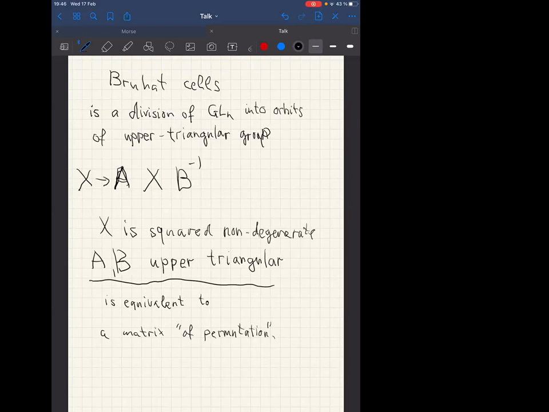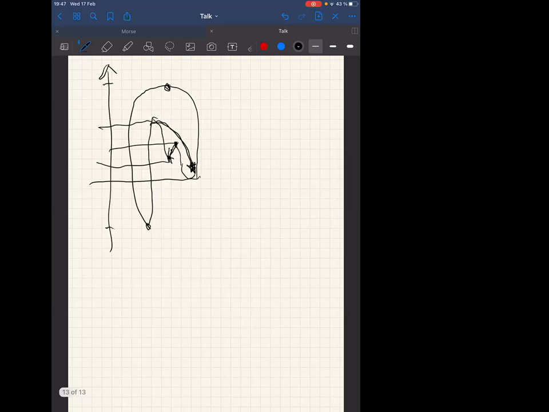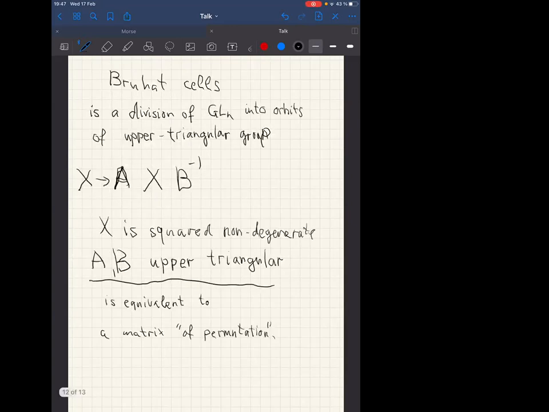And our construction of rook type matrices is a fibration of Bruhat cells and a generalization of Bruhat cells. I want to add also, you mean generalization to the case of non-square matrices, yes?